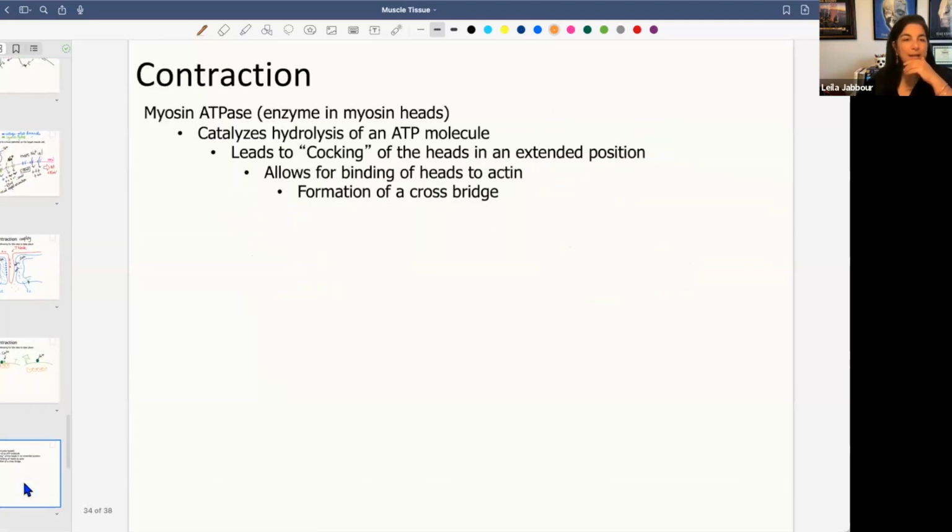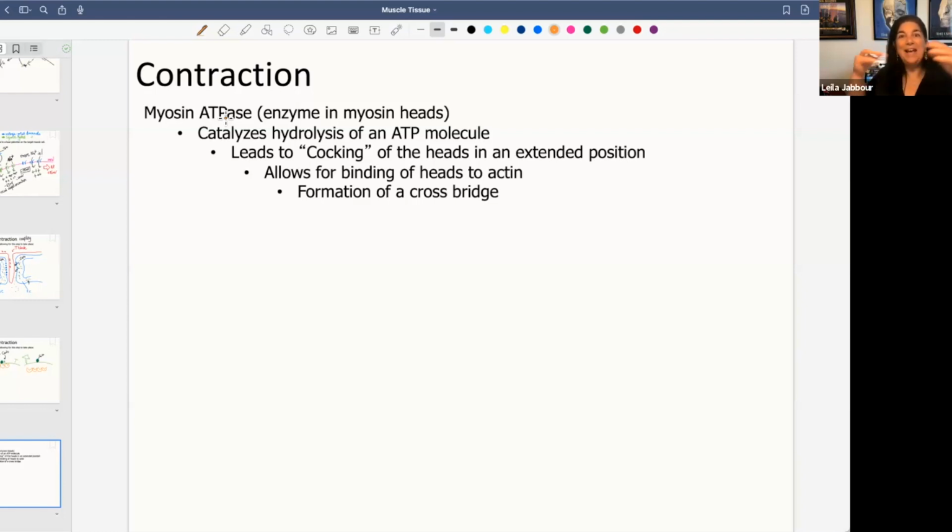So what happens next is contraction. Now that we have calcium available, now that we can reveal the binding sites on the actin monomers, and the heads of the myosin can bind on the actin, we can have the binding of the 2 types of filaments and have their sliding over each other. And that's called the sliding filament theory. Myosin happens to have an ATPase property.